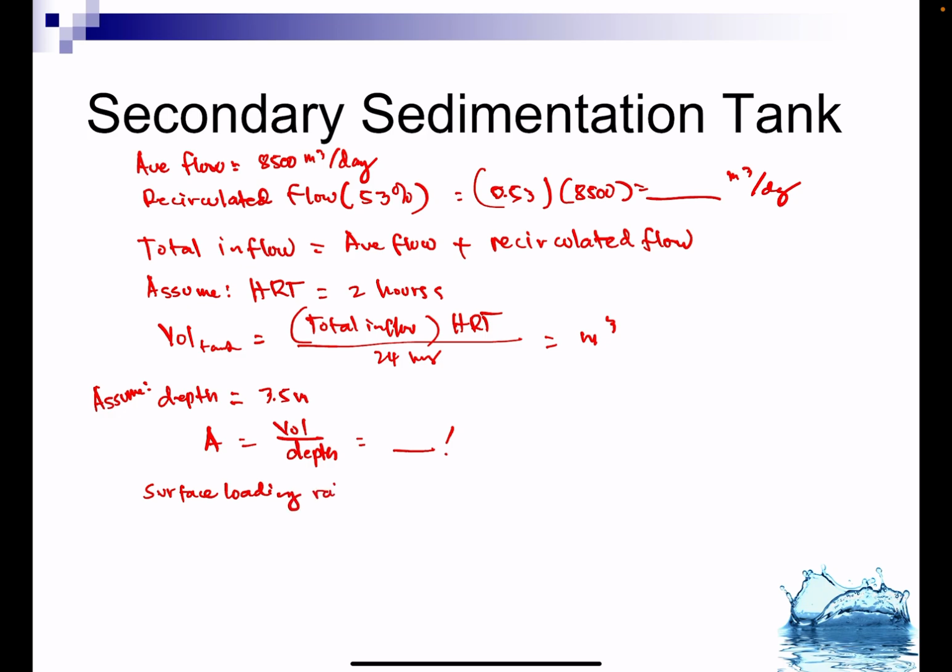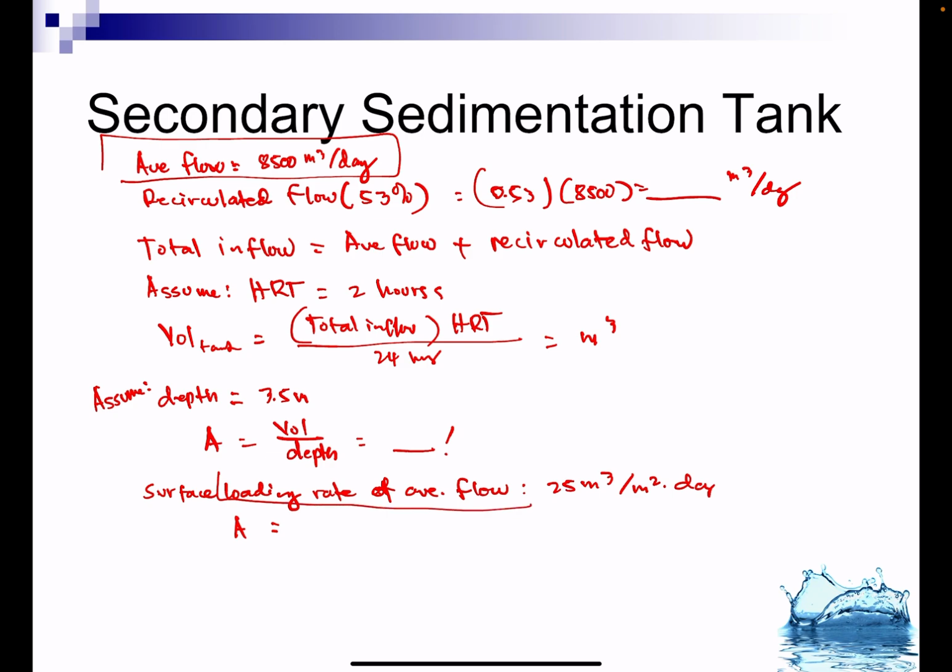Surface loading rate at average flow. If I assumed here 25 cubic meter per meter squared per day, I get the area provided, which would be the average flow divided by the surface loading rate.